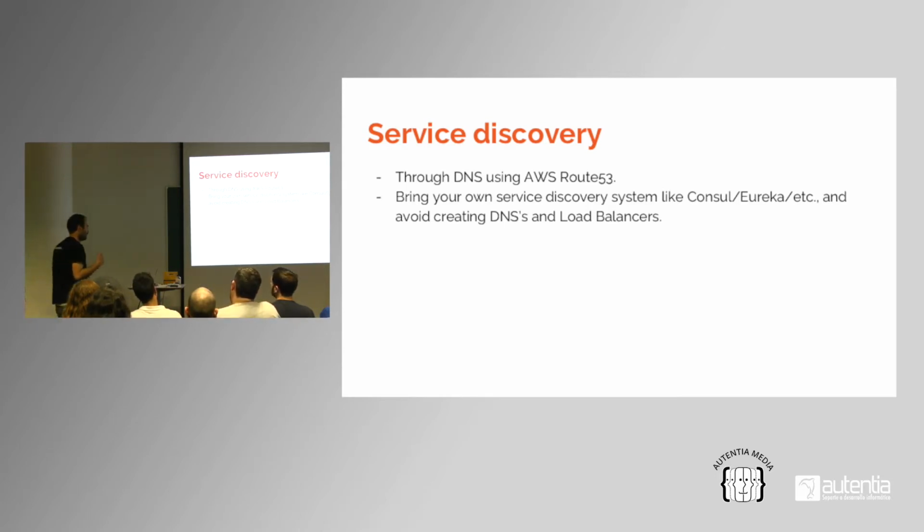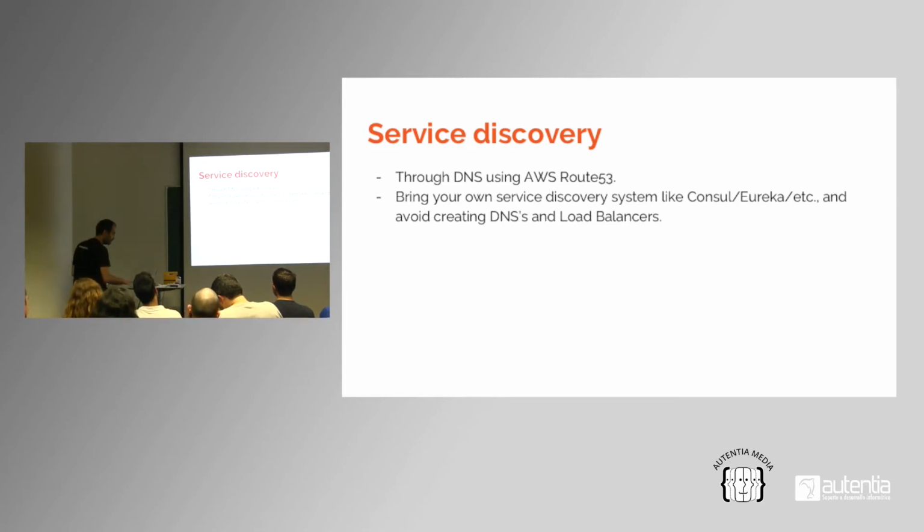So using DNS for service discovery, like I know there is a DNS entry like myapplication.armesto.net that is pointing to this service. That's a way of discovering the instances behind that service, but you may want to use Consul or Eureka. In that case, you don't really need a DNS, because you are going to discover the different applications using your service discovery solution. So you can disable the creation of DNSs and load balancers.